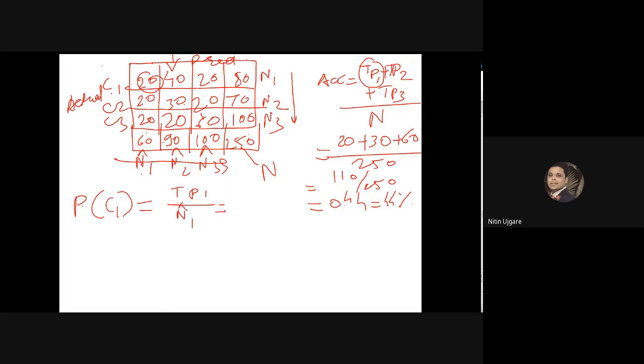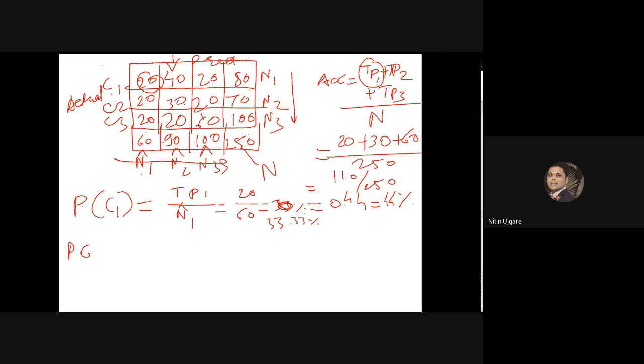TP1 is 20 and N1 cap is 60, so that gives 33.33%, the precision for class 1.